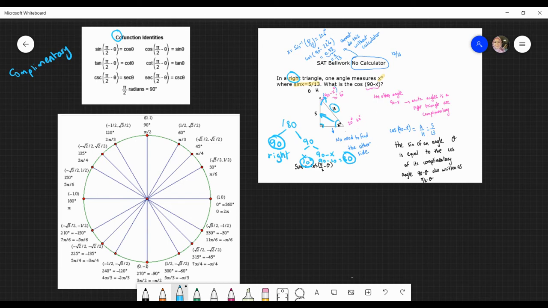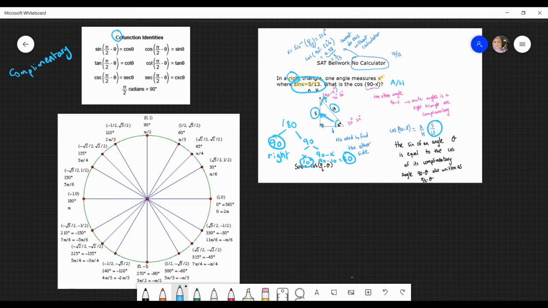The question is not what's the angle, but what's the cosine, which is adjacent over hypotenuse. If we look at the side next to it, it turns out to be 5 over 13, which was the same as the sine of angle x.